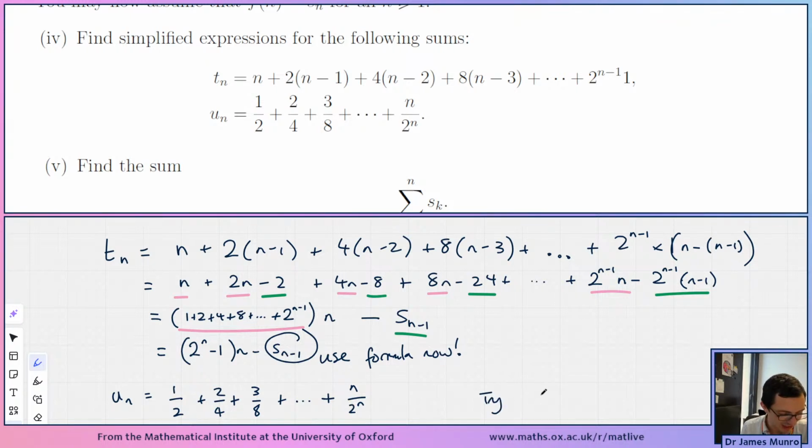So I might try an plus b 2 to the minus n plus c and see if that works. I think it does work, because it's 1 over 2 to the n instead of 2 to the n. Otherwise it's exactly the same as Sn.